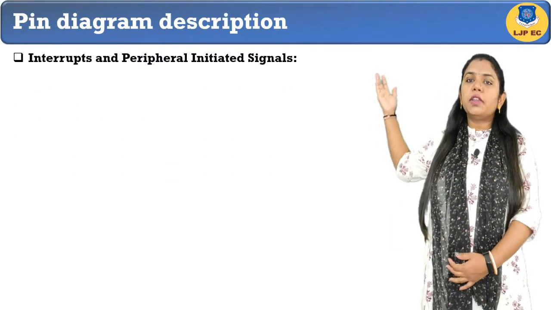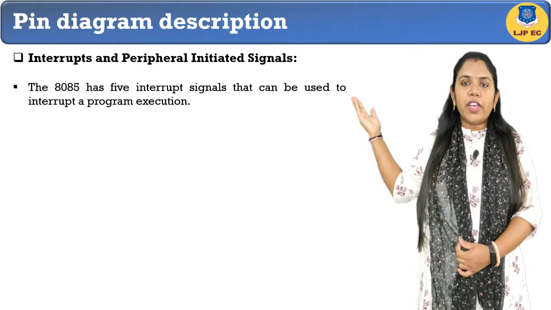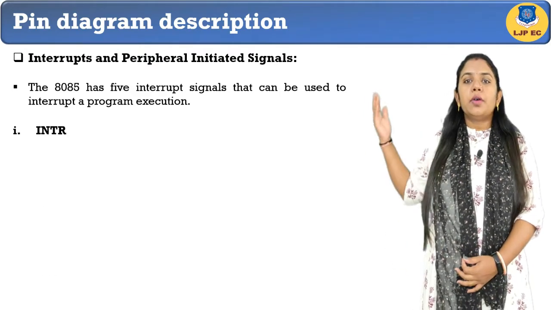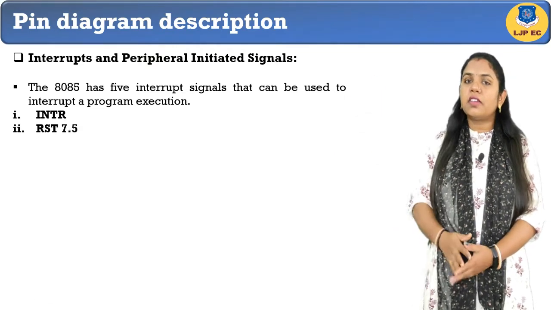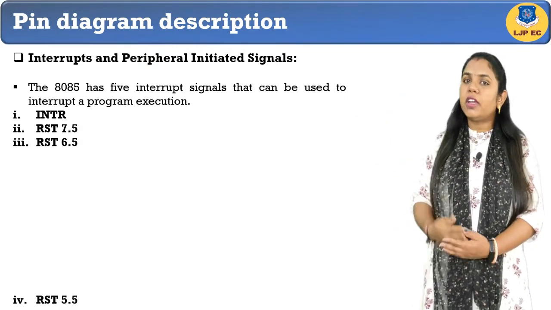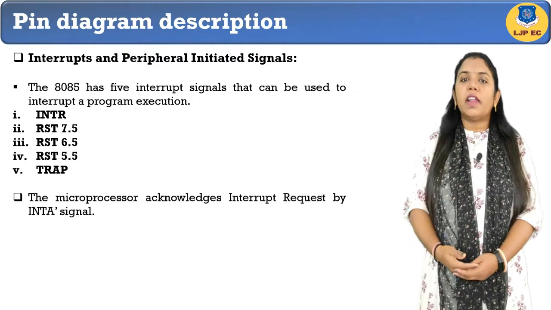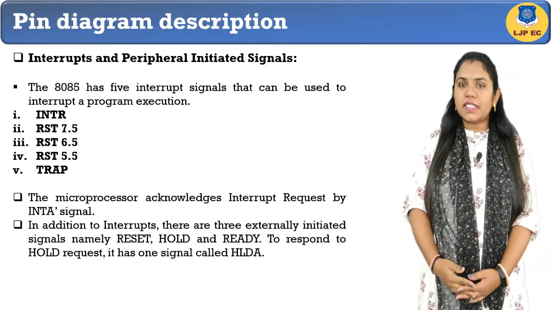Next, interrupts and the peripheral initiated signals. The 8085 has 5 interrupt signals that can be used to interrupt a program execution. First, INTR, RST 5.5, RST 6.5, RST 7.5 and TRAP. The microprocessor acknowledges the interrupt request by the INTA signal.